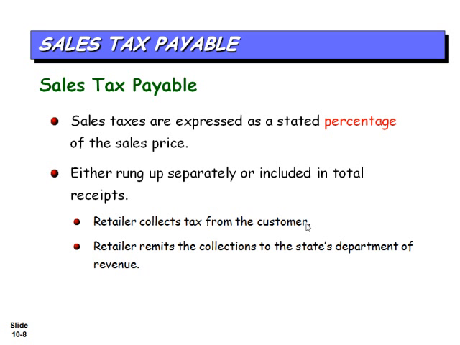So the deal is we pay the retailer. We pay Safeway or we pay Nordstrom $10.90. Well, if it was Nordstrom, it would be a lot more, but we pay Nordstrom $10.90. Nordstrom keeps the $10, but they're obligated to write a check over to the state of Washington for the sales tax of 90 cents.